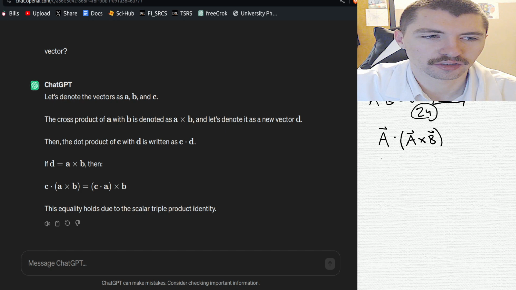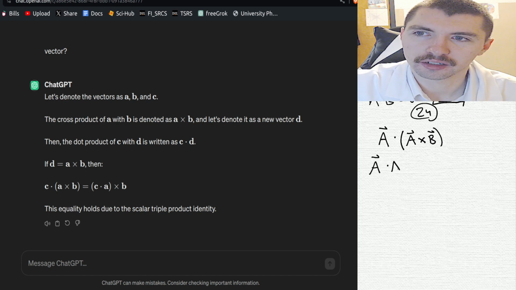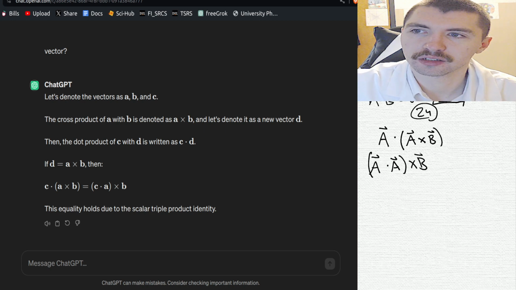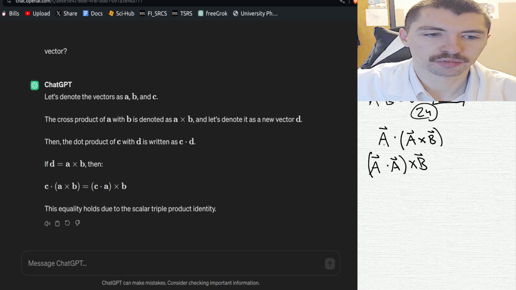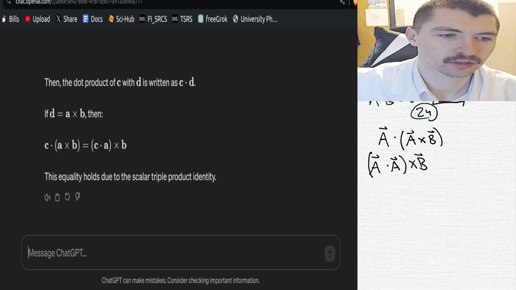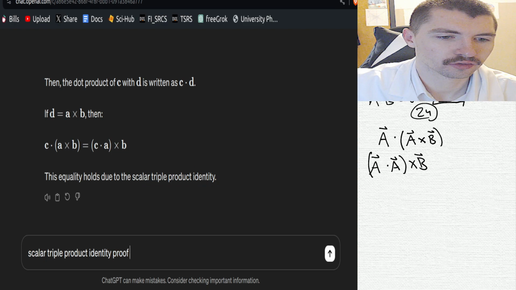And also they're using different notation, but it should hold true either way. So A dot A cross B, the triple scalar product identity. Okay. Proof, please.